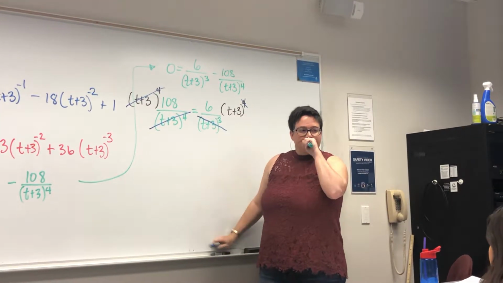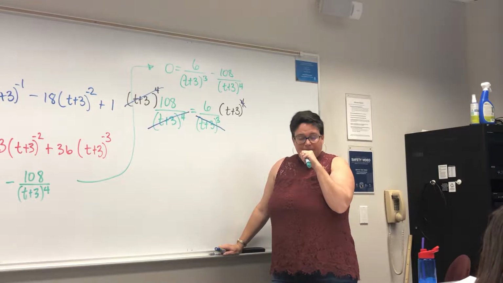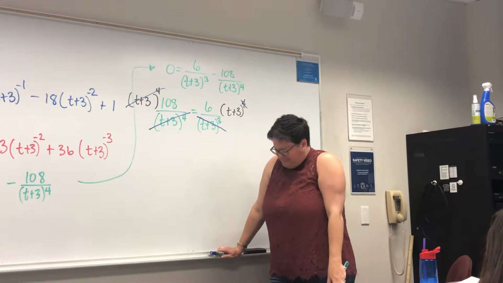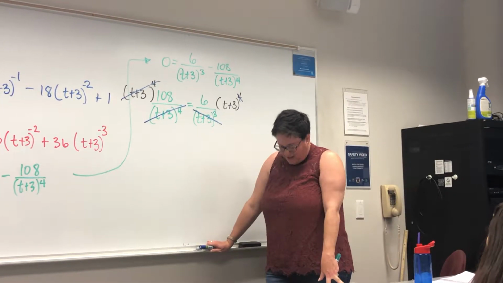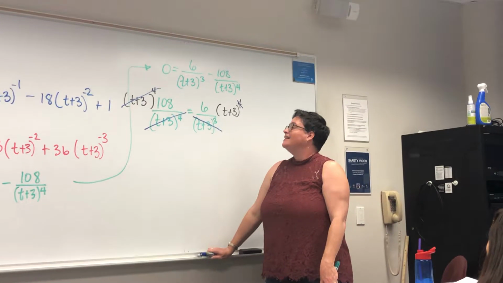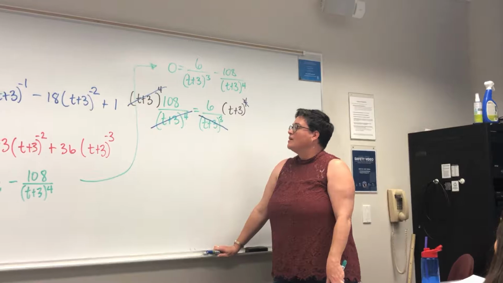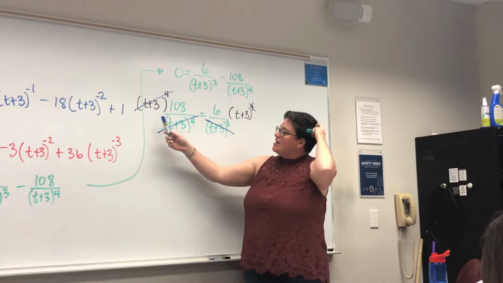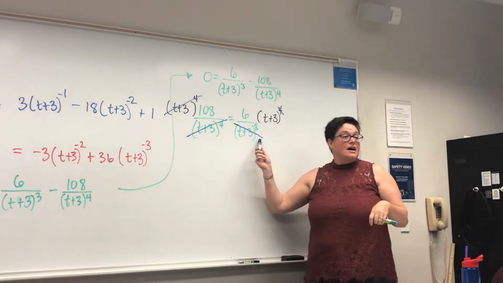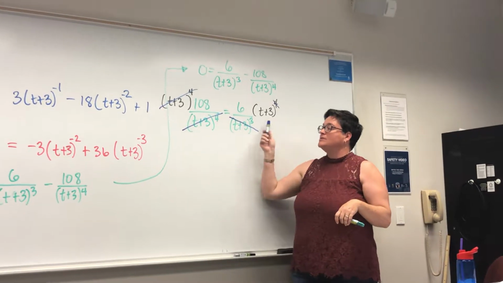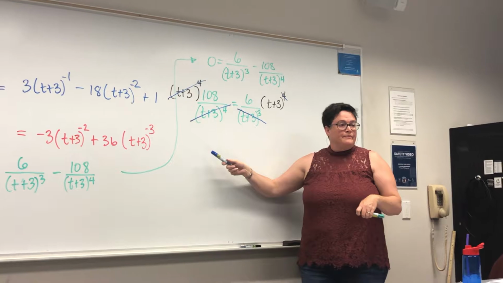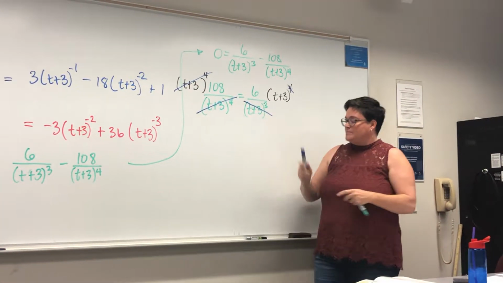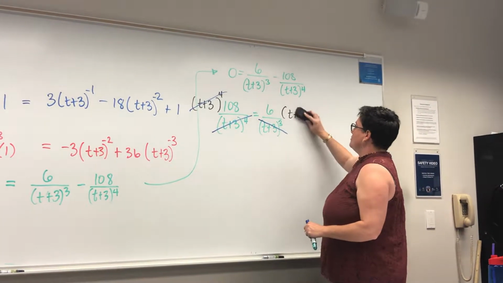So it becomes a common denominator? Okay, so all I did is I'm trying to get all my t plus 3s onto one side. So I'm gonna multiply both sides by this denominator so I can get rid of it. Okay? Now, for those of you that are confused about this, let me rewrite this in another way.